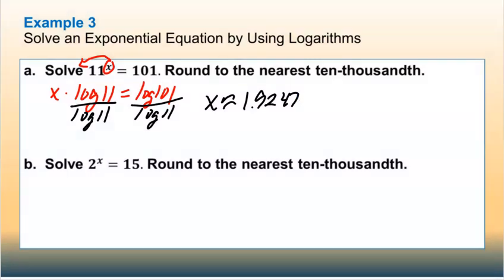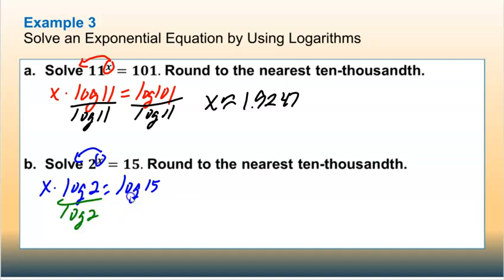Next, solve this one. So I have my exponent that goes out in front, so it would be x times log of 2 equaling the log of 15. To get x by itself, I'm going to divide by the log of 2.